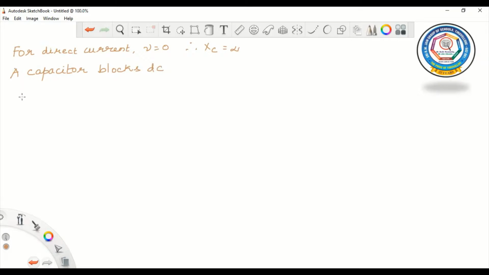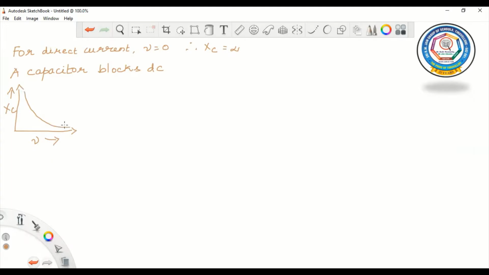And now let me draw the relation between capacitive reactance, that is Xc, and frequency. So the graph will be like this. Okay, so I told you that a capacitor blocks DC.